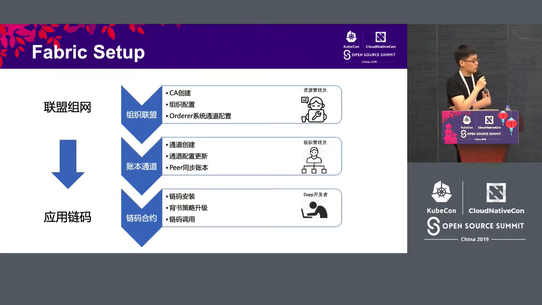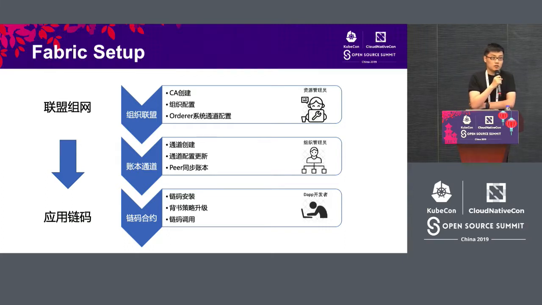For the second step, you need to build ledger channel, because when you build the organization channel, the ledgers cannot be shared between different channels. So you need to have a ledger channel, which will be established by the organization admin.